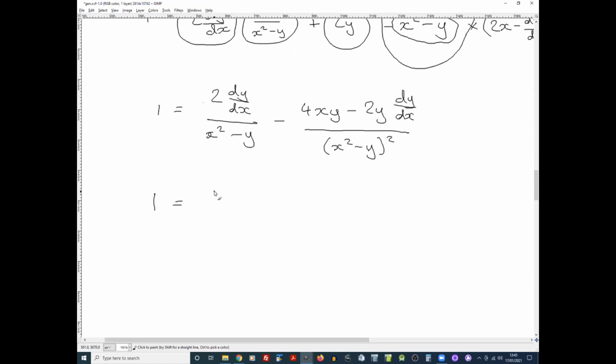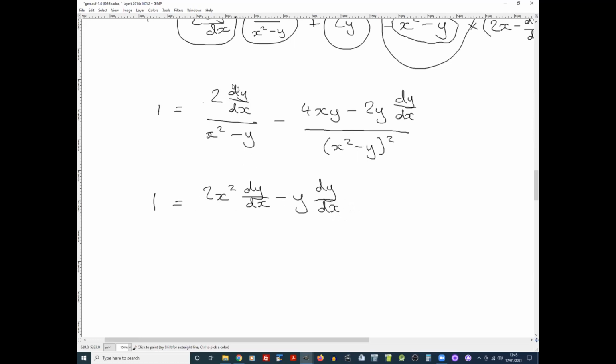Oh no, sorry, you're only multiplying by that. My bad. Tell me what you said again. 2x squared dy dx minus 2y dy dx minus 4xy minus 2y dx all over x squared minus y. Now, here's the sign glitch, probably.